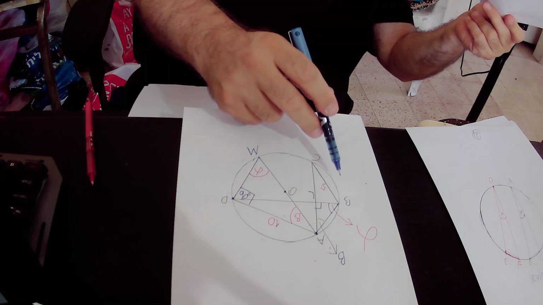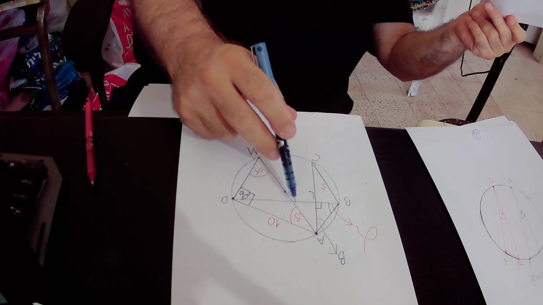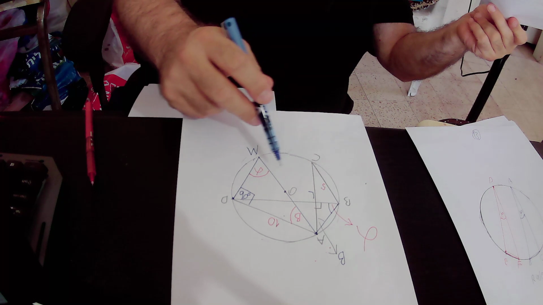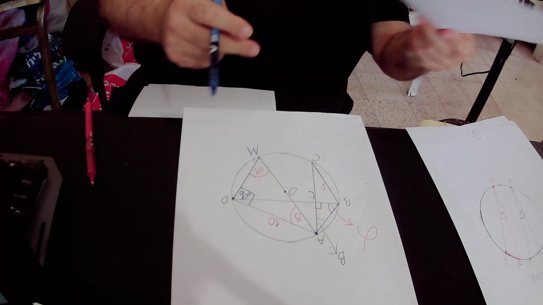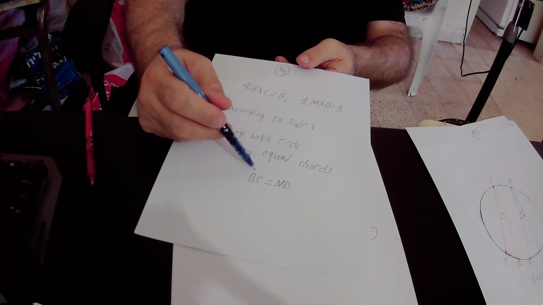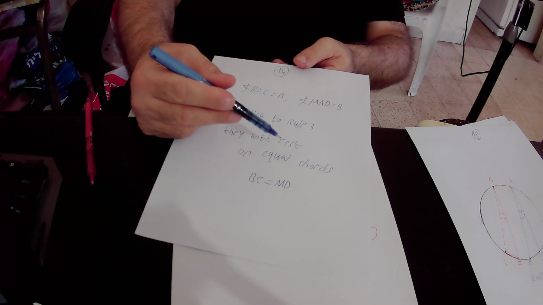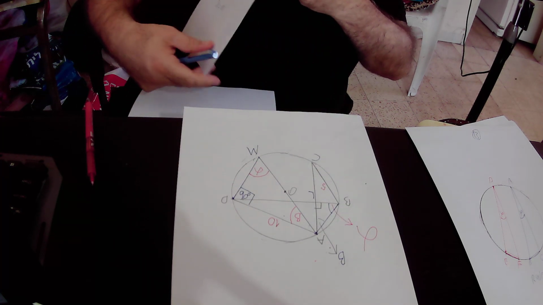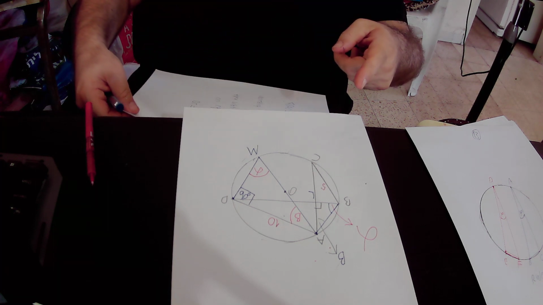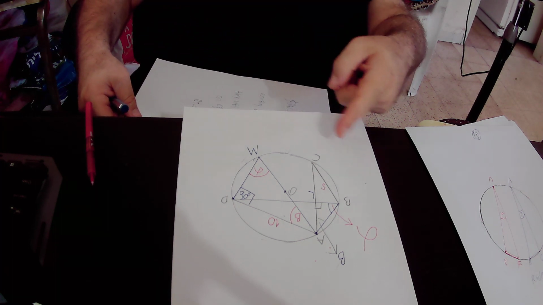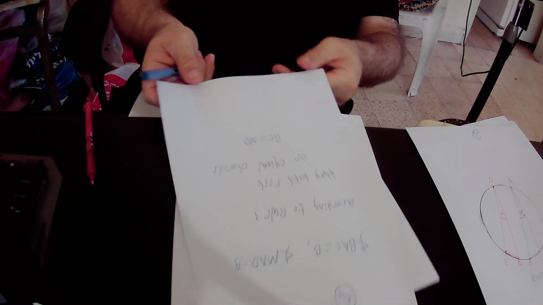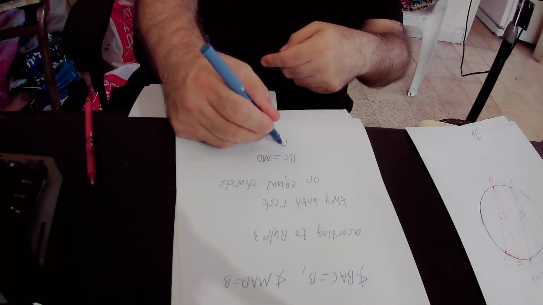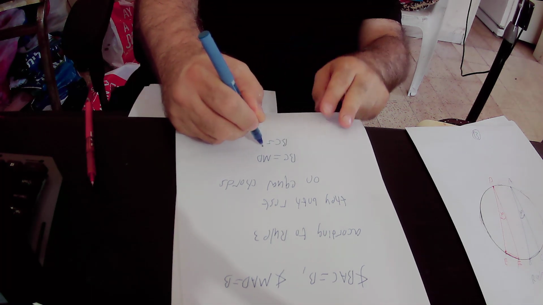So according to rule number 3, chord BC equals chord MD. But it is given in the question that BC equals 5 units.